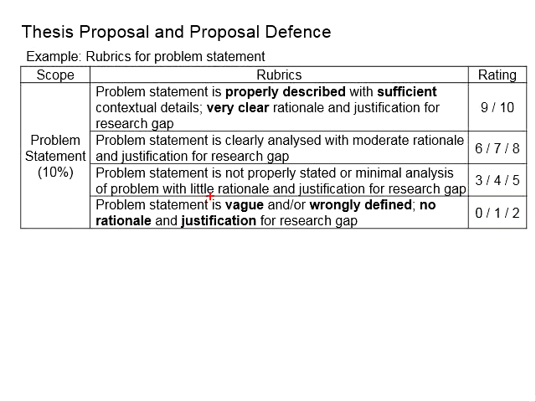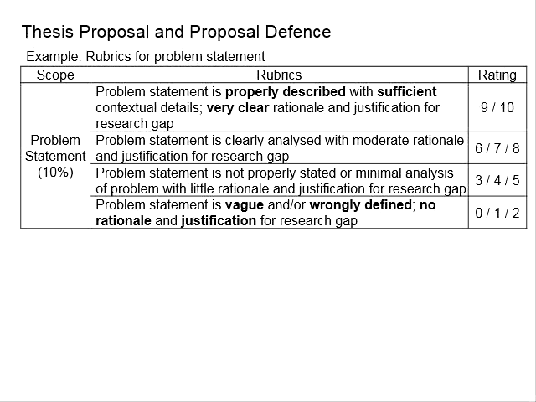Next, the problem statement is not properly stated, or there is minimum analysis of the problem with little rationales and justifications for the research gap. This one is better than the first one. You do specify the problem statement, only that it is not properly stated.